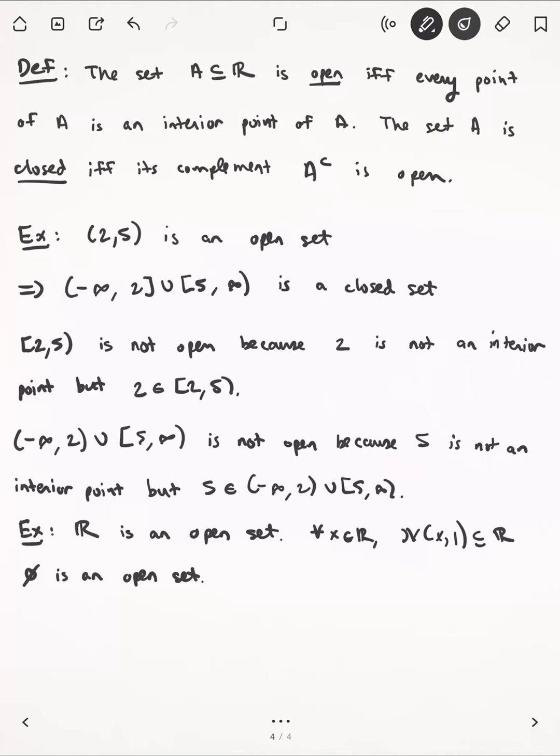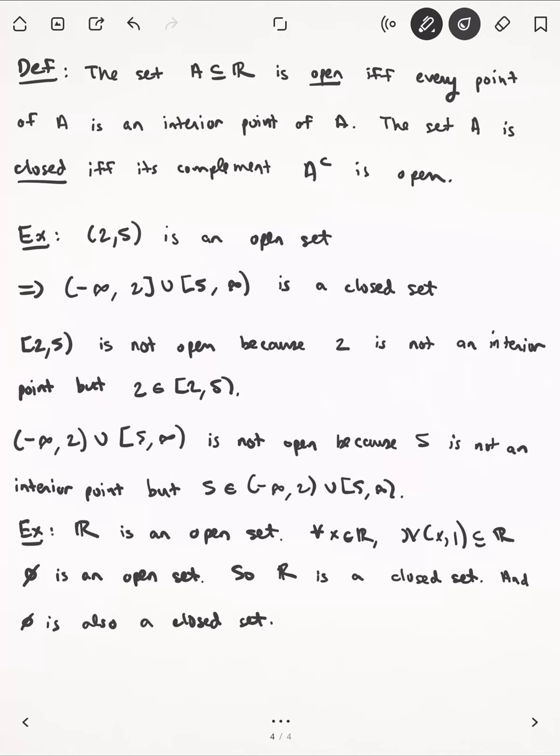So this is interesting, but notice that the real numbers and the empty set are complements of each other. So the real numbers is also a closed set, and the empty set is also a closed set.